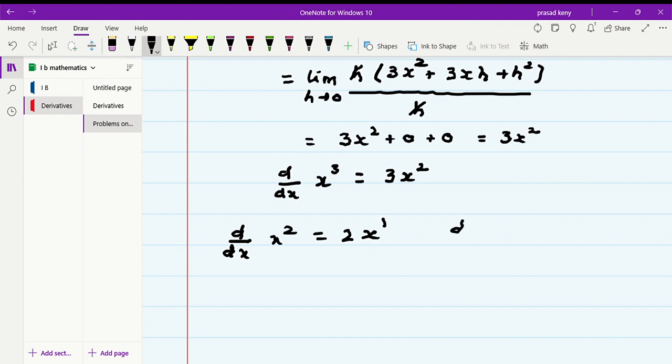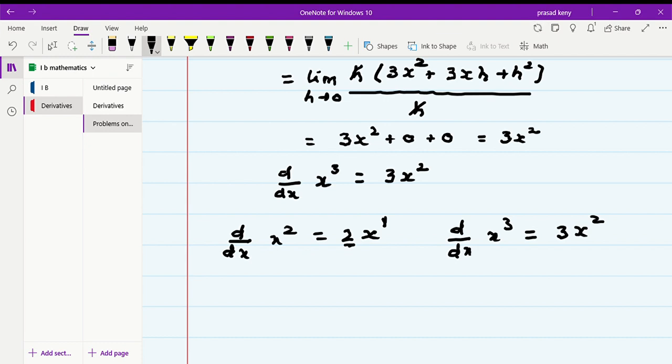Then we have seen that derivative of x cube is 3x square. So in both these cases, what can you see common? When you take the derivative, the power comes down and the power of x reduces by 1. So when it is x square, 2 has come down and power of x has reduced by 1, so it has become 1. Similarly, x cube, 3 has come down and power of x has reduced by 1, so it has become 2.